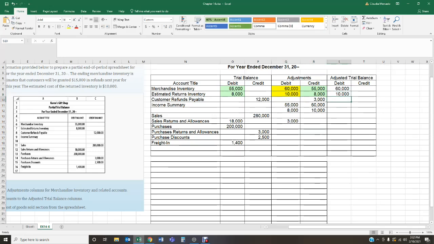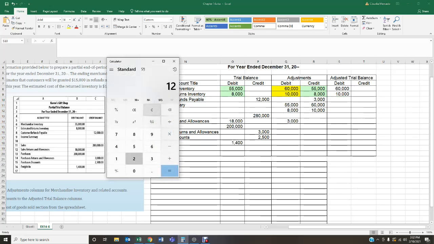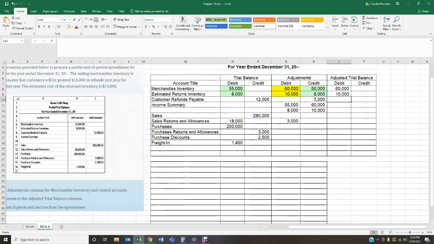Okay. In this case, I had a credit of $12,000, and now I've got another credit of $3,000. So that means I have $12,000 plus $3,000. That gives me a $15,000 credit. Just make sure you put it in the right cell.